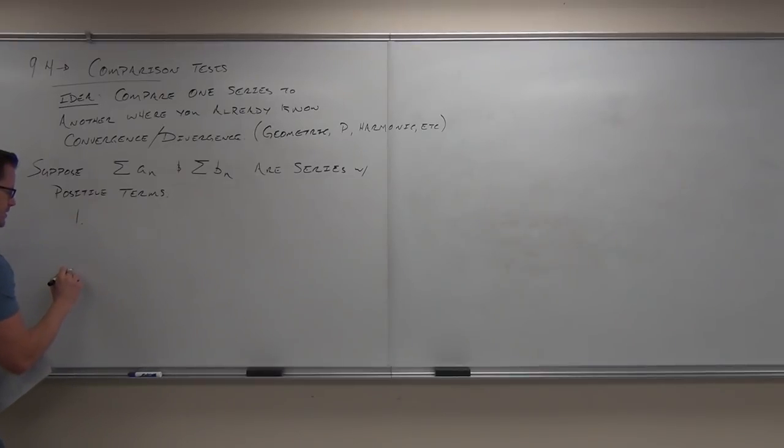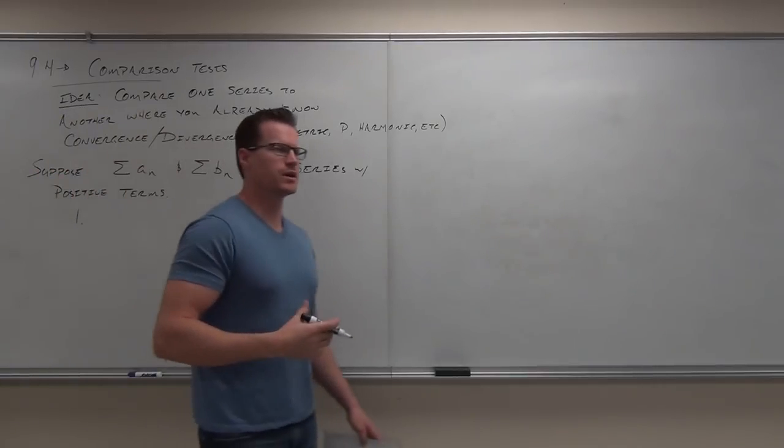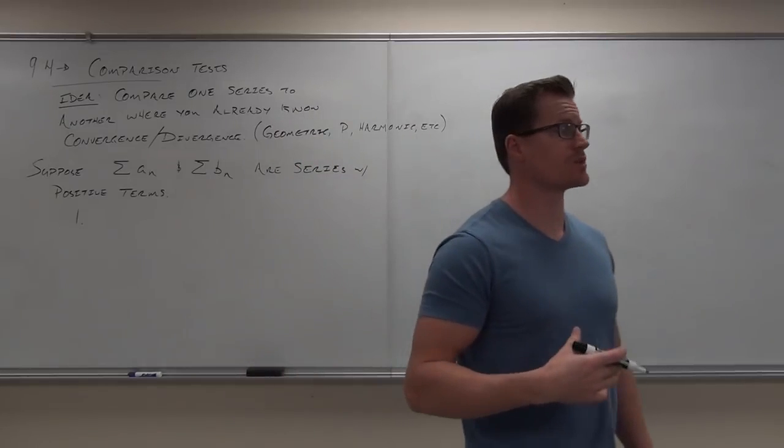Well, there's going to be two cases, and I'm hoping that you see the similarity between this comparison test for series and the comparison test that we had for sequences.